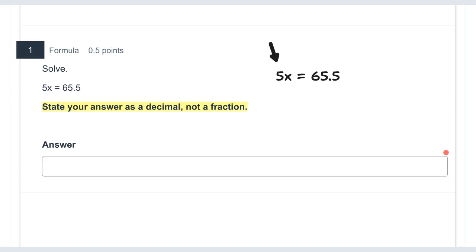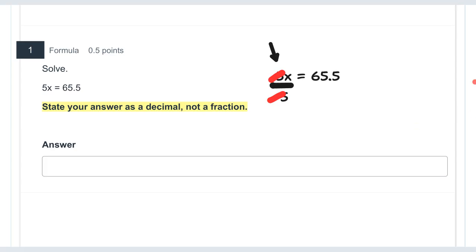Since the 5 and the x are being multiplied together, to get rid of the 5, we have to divide this side by 5. When we do that, these 5s are going to cancel, leaving you with just the x.